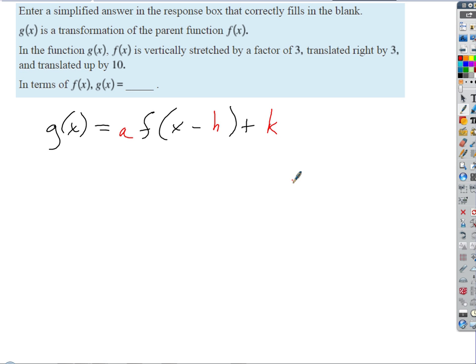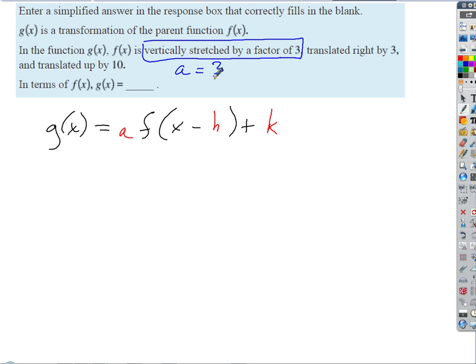So we have to find these values from the description up here. What does it mean when we say we're going to vertically stretch by a factor of 3? What value is that giving us? It's giving us a, isn't it? It's telling us a equals what?